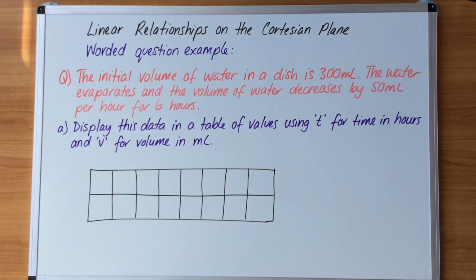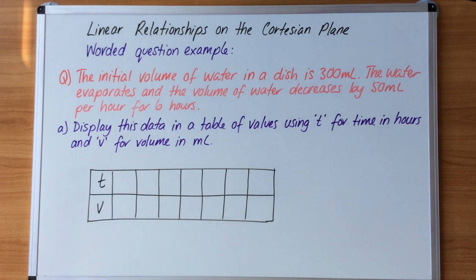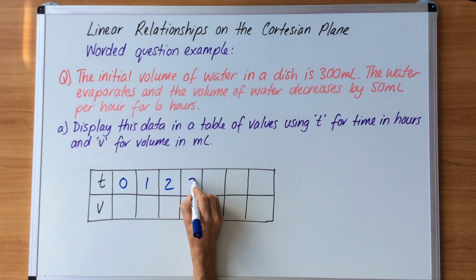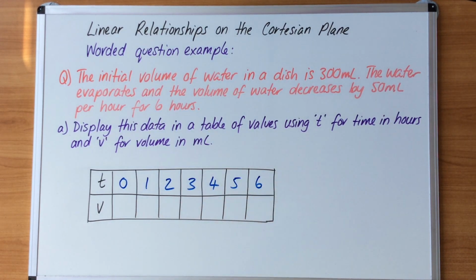Alright, so they want T for time and V for volume. So we've done that now, and now we have to complete it. We know that it was for 6 hours. So we have to start at 0 because we don't have 1 hour straight up. We have 0, and then we gradually get up to 1, 2, 3, 4, 5, and 6 hours.